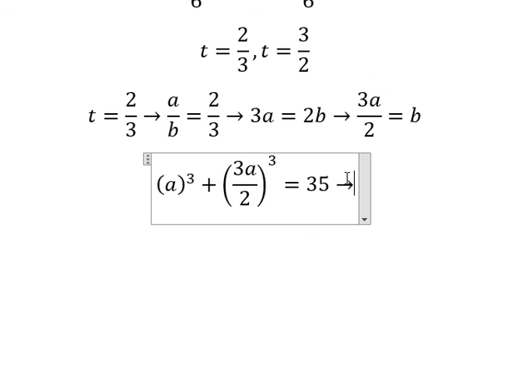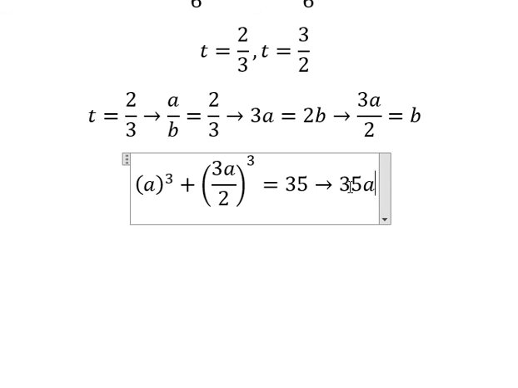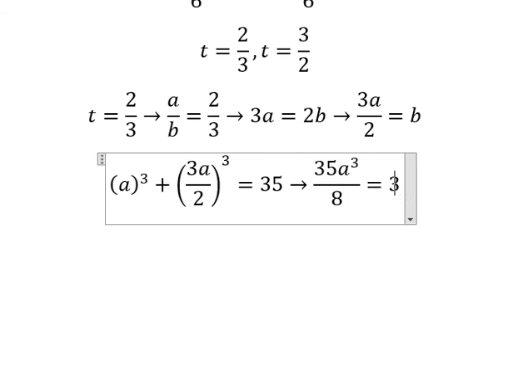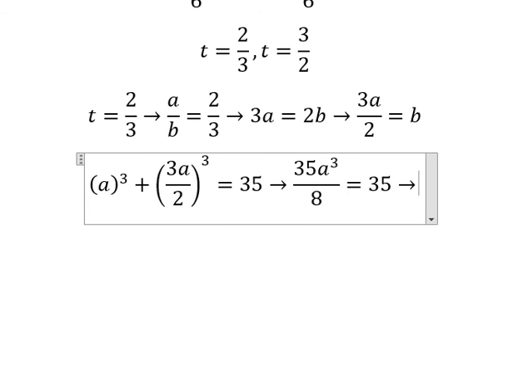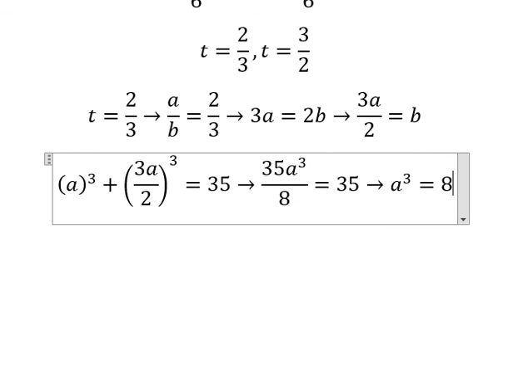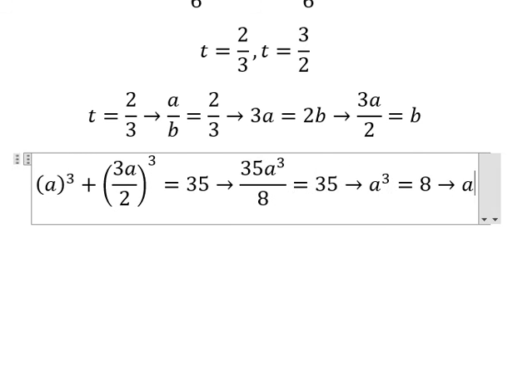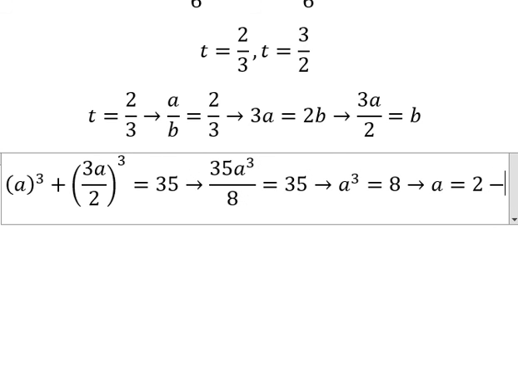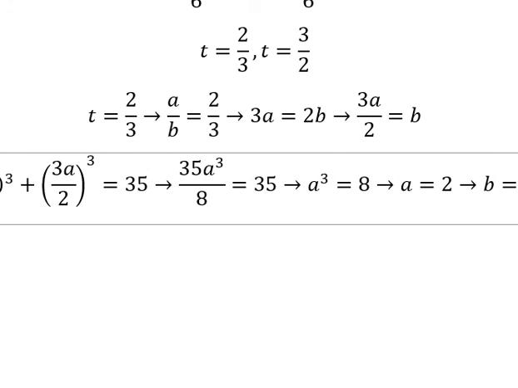So we simplify and we can find the value of a. So we have 35 a to the power of 3 over 8. So a to the power of 3 equals to 8. So a equals to 2. That means we can find the value of b equals to 3.